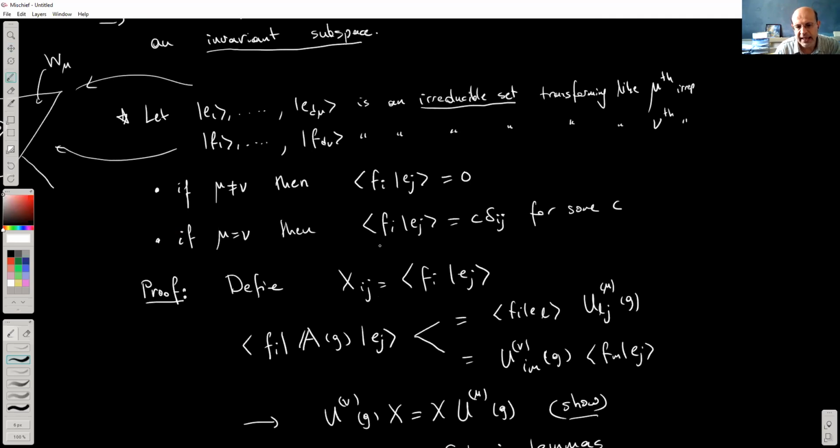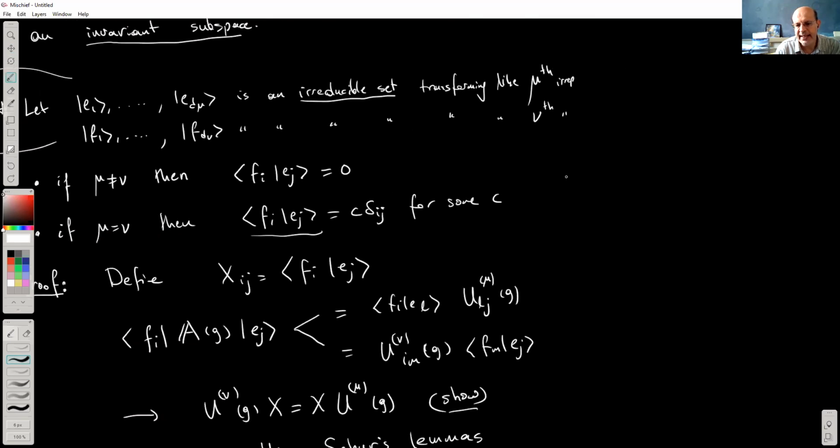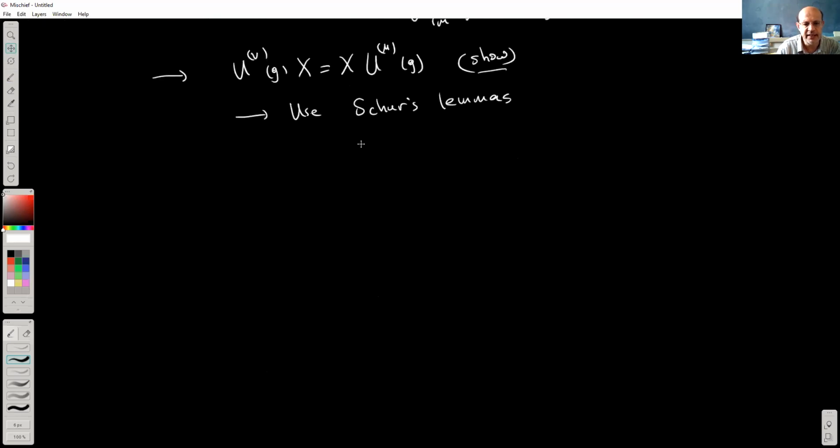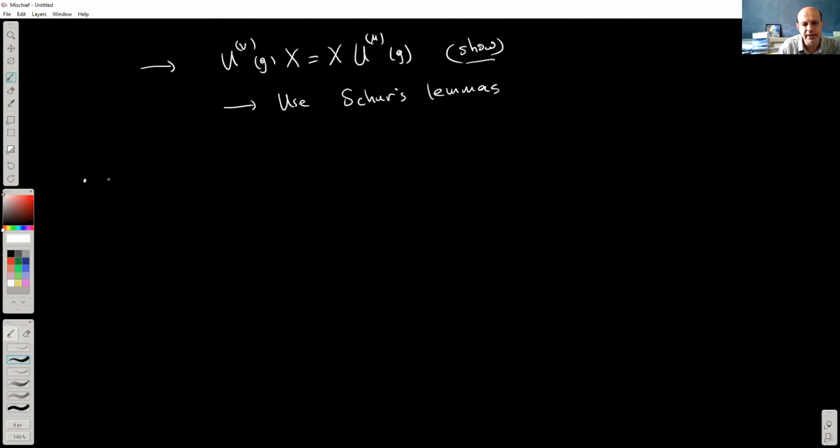In any case, it's important here that, for example, F2 is always perpendicular to E1. So the first vectors are always perpendicular to the second vectors, okay? So as a result, this is basically what we can say. Let E1 dot dot dot ED mu be an irreducible set.